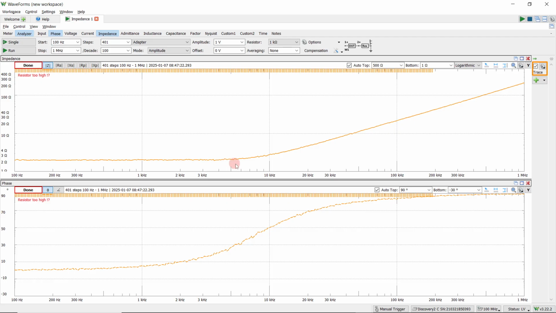But for frequencies below 10 kilohertz here maybe, especially below 1 kilohertz, we have 0 degree phase shift and we have some constant magnitude of the impedance. Why does this happen?